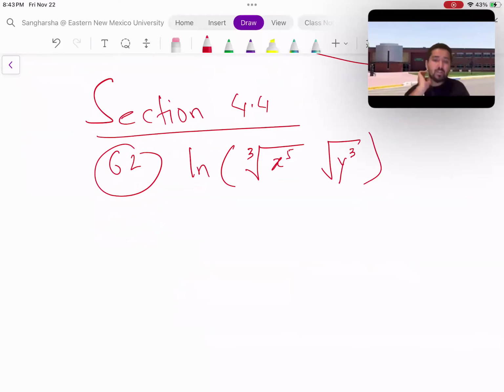And we are asked to rewrite this expression as a sum or a difference of log expressions. And we need to use the log properties. You will be given the log properties.